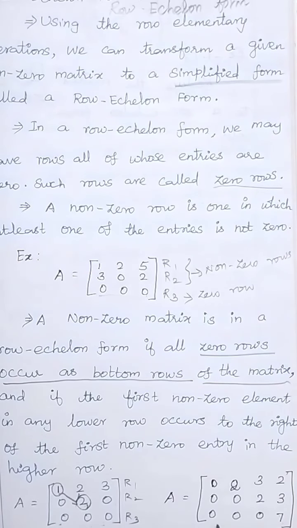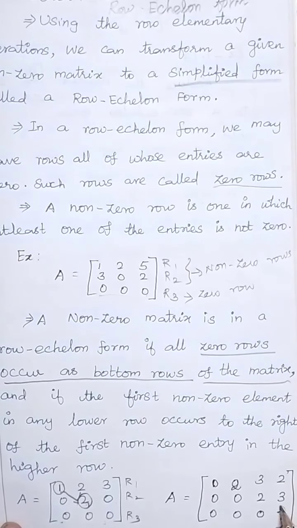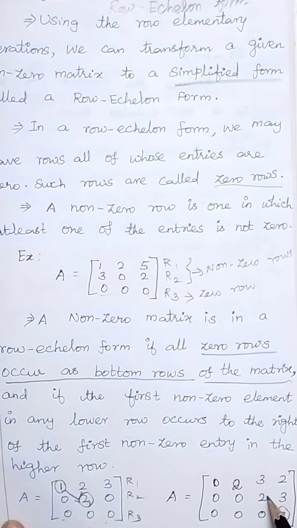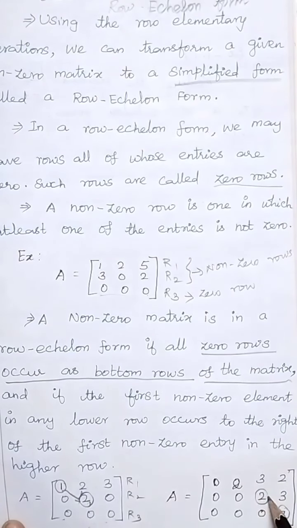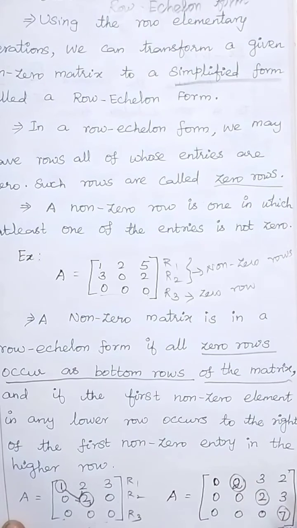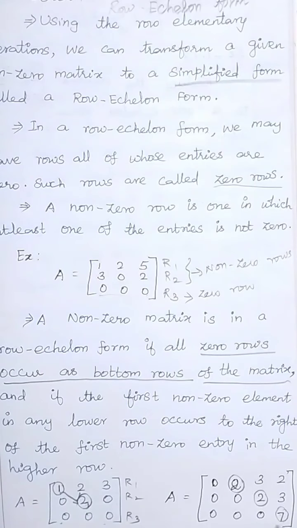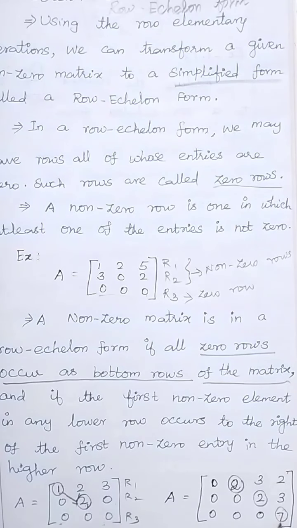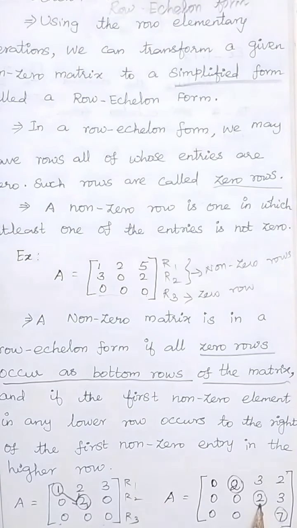Then the bottom row, the third row, non-zero entry is 7. Our second row non-zero entry is 2. Our first row non-zero entry is also 2. You check, the third row non-zero entry occurs in the fourth column. Our second row non-zero entry occurs in the third column.